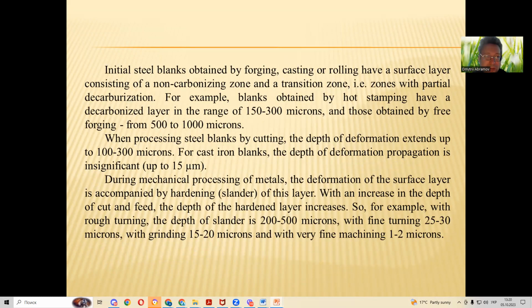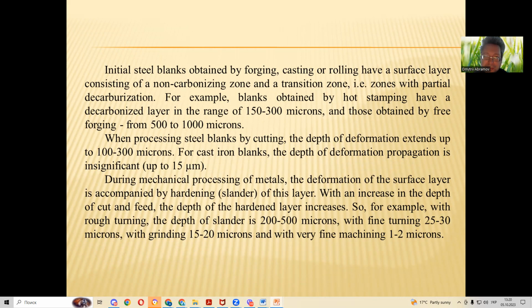Initial steel blanks or workpieces obtained by forging, casting, or rolling have a surface layer consisting of a non-carbonized zone and a transition zone, zones with partial decarbonization.